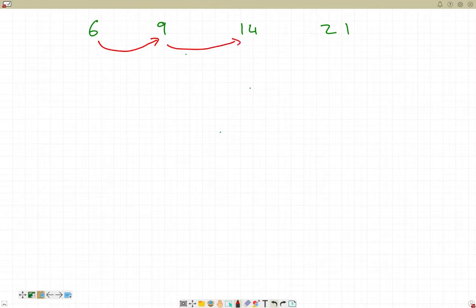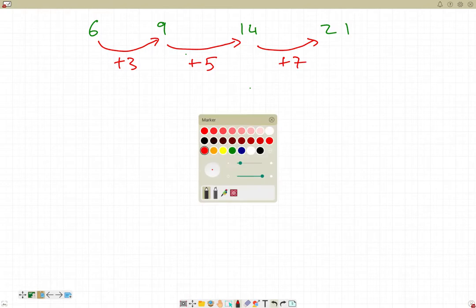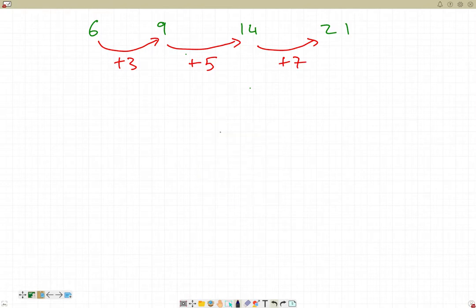This is the first difference: plus 3, plus 5, 14 to 21, plus 7. Now find the second difference, which is just the difference between the first differences. How do I get from 3 to 5? Plus 2. 5 to 7, plus 2.